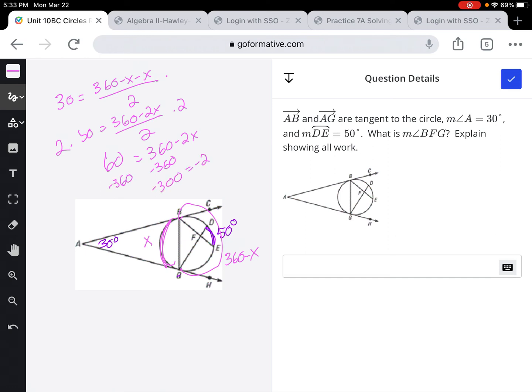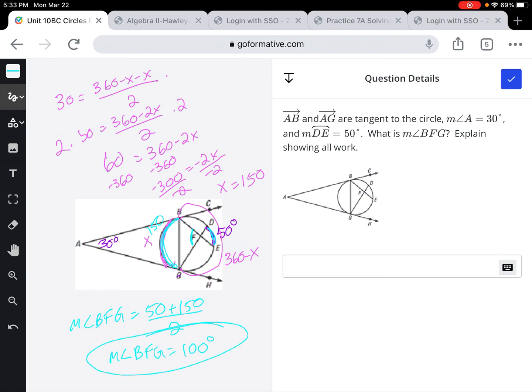Negative 300 is equal to negative 2x. Divide by negative 2. X is equal to positive 150, which is very helpful because I know if I have this arc, which is 150, and this arc right here, I do have enough information to find this angle. I know the measure of BFG is equal to 50 plus 150 divided by 2. So the measure of BFG must be 100 degrees.